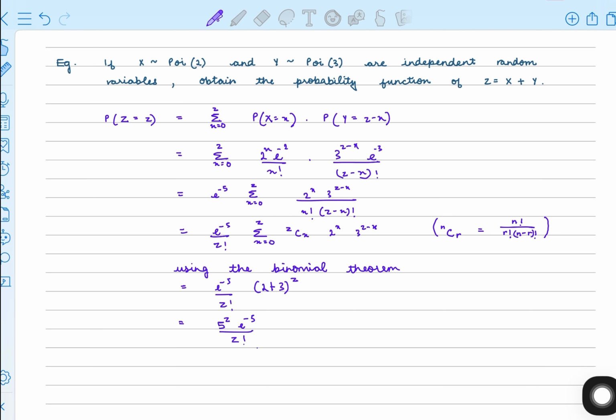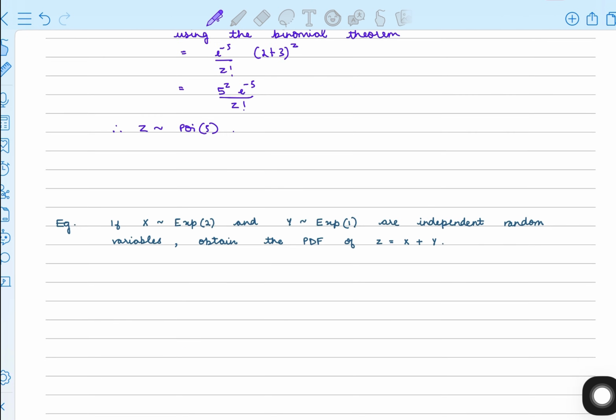This is our final answer. Now, as we can see, this is exactly the PMF of the Poisson distribution with lambda equal to 5. Therefore, from here, we can conclude that the random variable follows the Poisson distribution with the parameter 5.